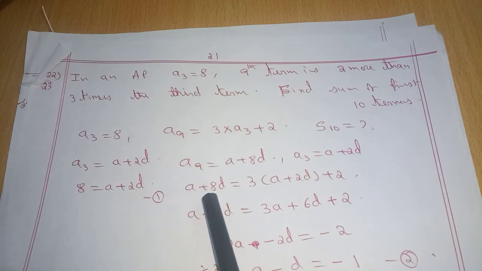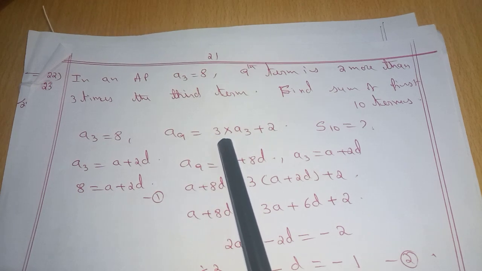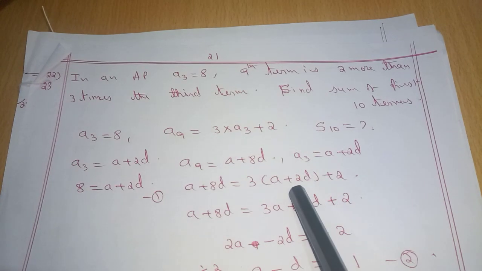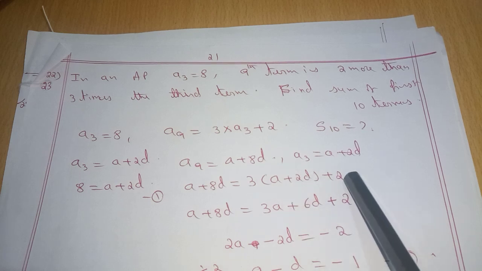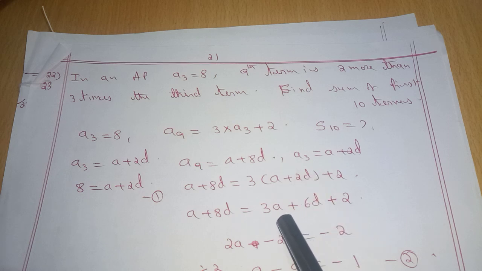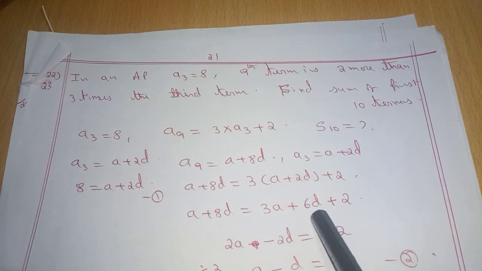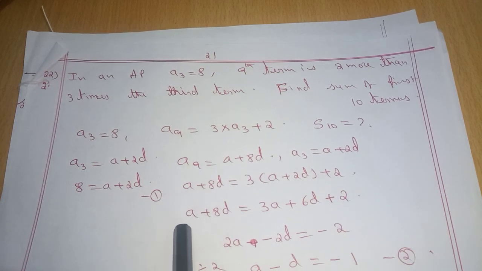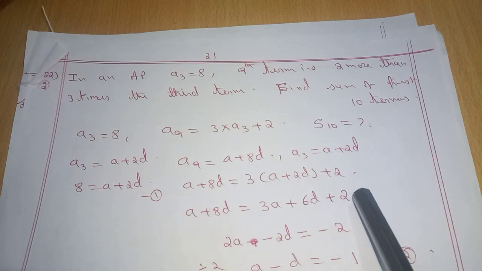A plus 8D is equal to 3 into, in place of A3, A plus 2D, plus 2. When we multiply 3 to A and 2D, we will get 3A plus 6D. Then again we have to add 2. A plus 8D is equal to 3A plus 6D plus 2.